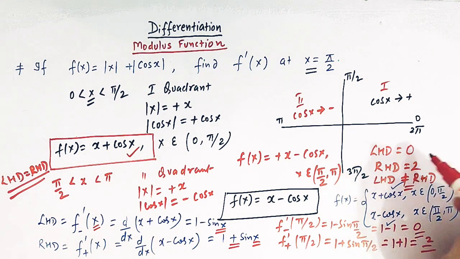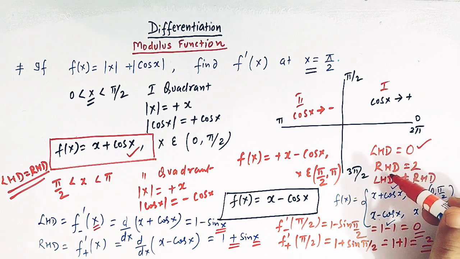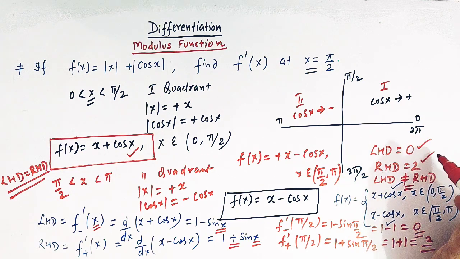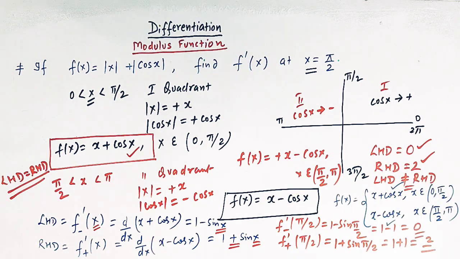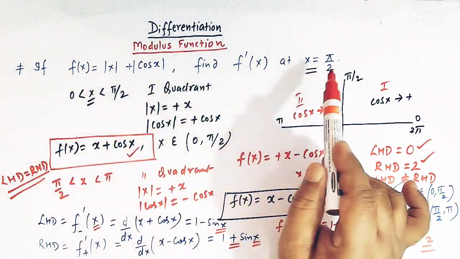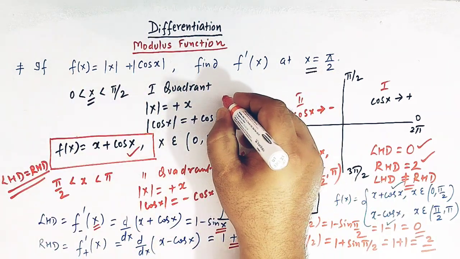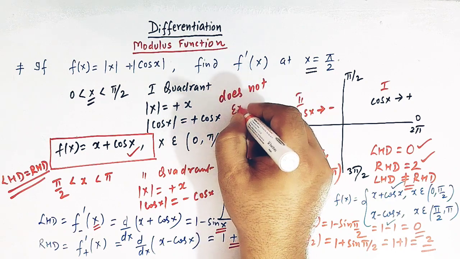So here, although the left hand derivative is finite and it exists, the right hand derivative is also finite and it exists, but both the derivatives are not equal, right? So we can claim that the derivative of this function at x is equal to pi by 2 does not exist, right? It does not exist.